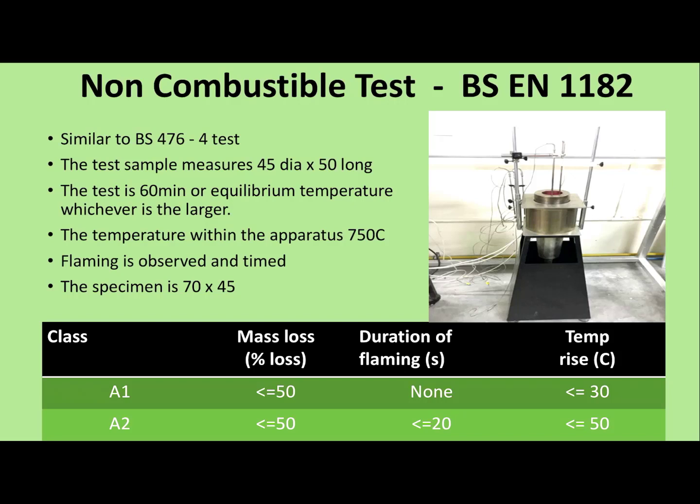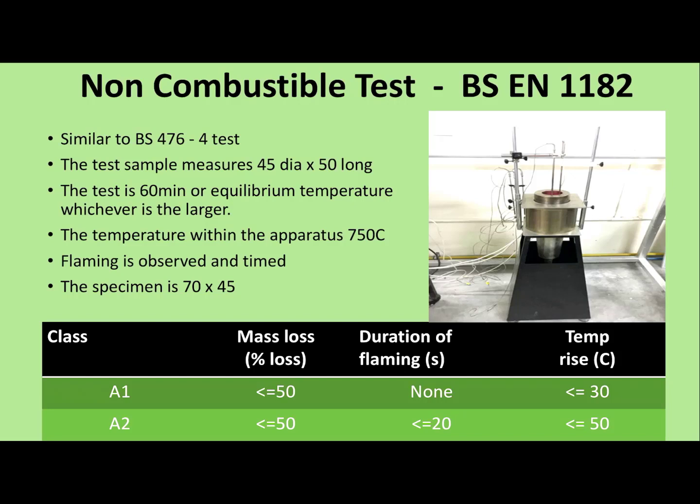I was going to say furnace, and it's not. Some people call it an oven. It's not an oven because there's no top on it, and the reason why there's no top on it is because you need to be able to observe the sample. But it's a furnace, and the 45 times 50 sample is lowered into this furnace.